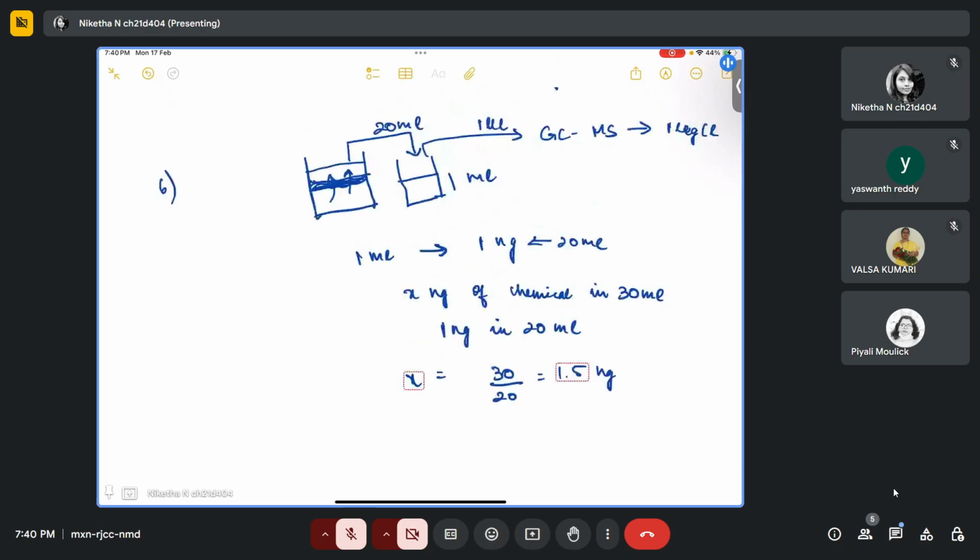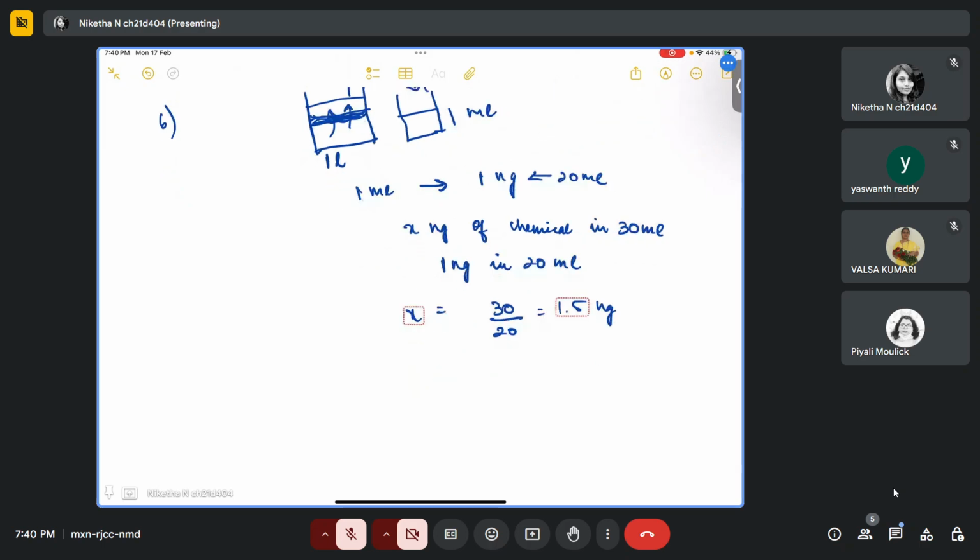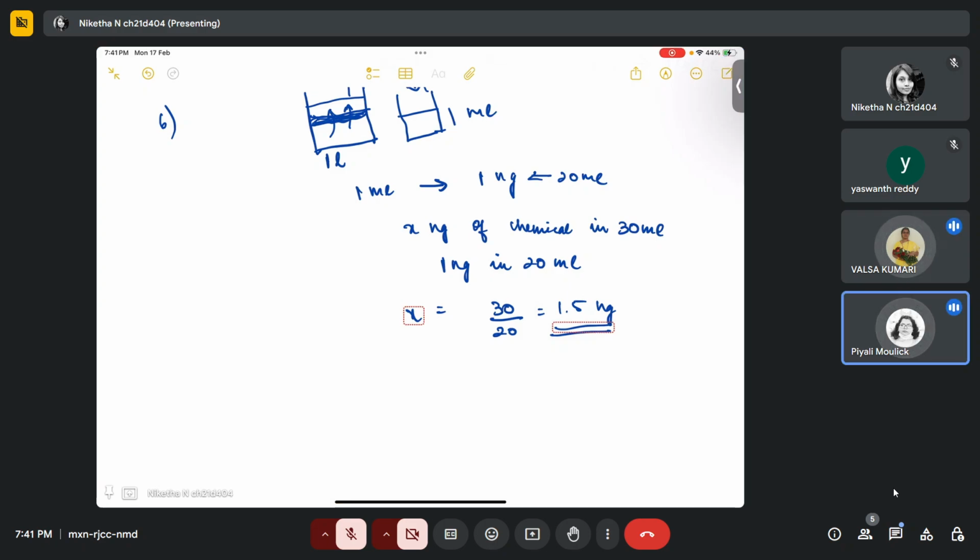So what will be the concentration in 1 liter? 1.5 nanogram is the mass of the chemical in 1 liter. What is the concentration? Same thing, mass 1.5 nanogram by volume.